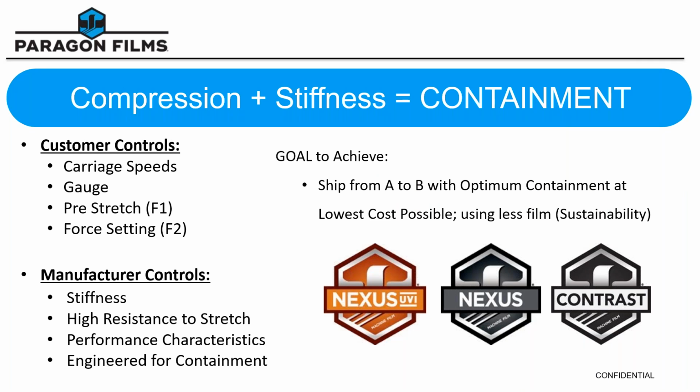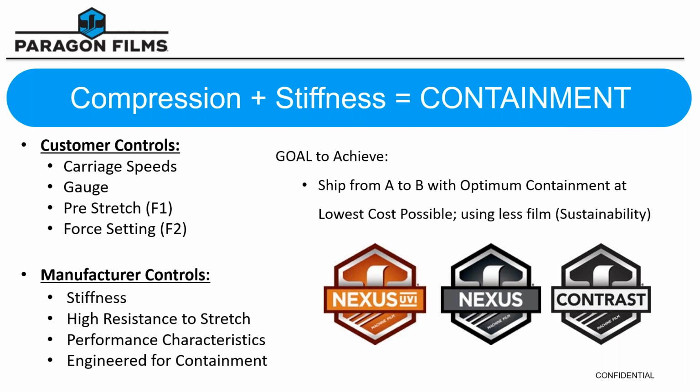So it's a commonly noted thing in the field where we believe that compression and stiffness is what equals containment, right? Compression is more of what the customers can control in terms of the carriage speeds, the gauge of film that they want to use, that pre-stretch setting, that force setting, whereas the stiffness is more so the manufacturer's control, right?